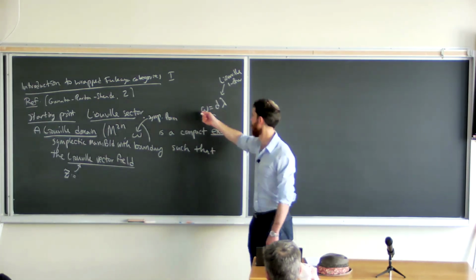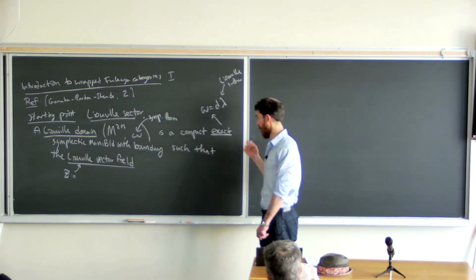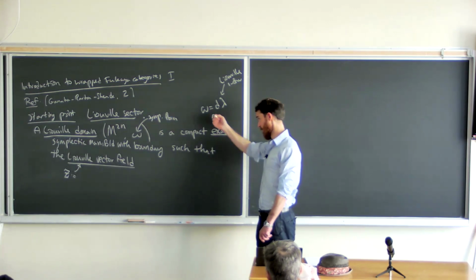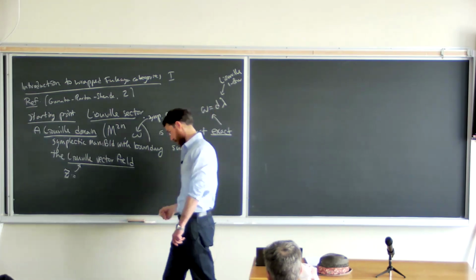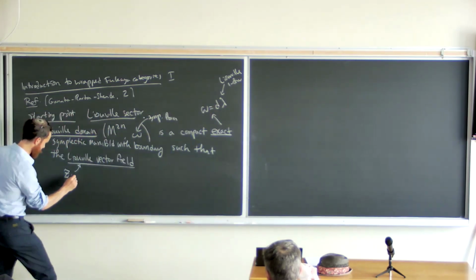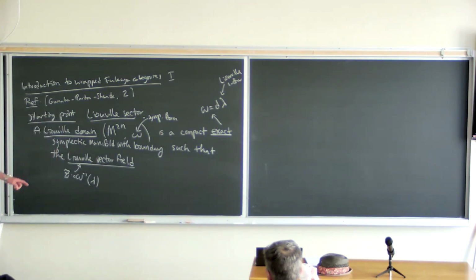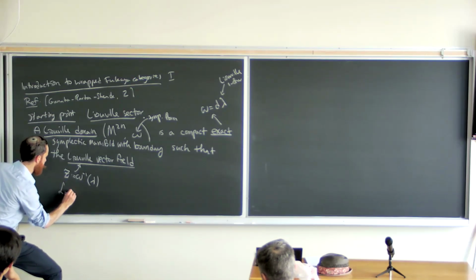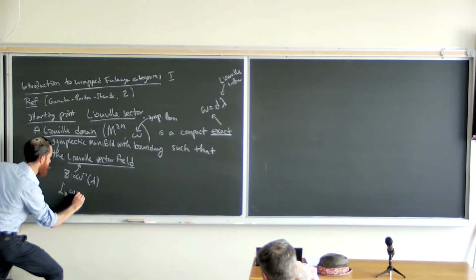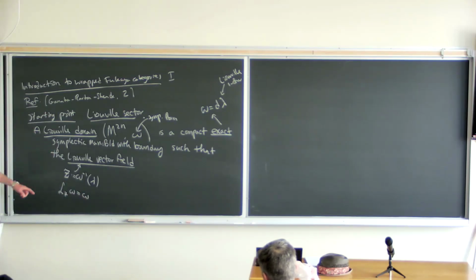If I plug in a vector here, I get a one form, and what it means to be symplectic is that this correspondence is non-degenerate, which means it has an inverse. So I can take the one form lambda and get a vector field out of it. Equivalently, the Liouville vector field is a vector field which dilates the symplectic form, in the sense that the Lie derivative of the symplectic form with respect to this vector field is equal to the symplectic form.